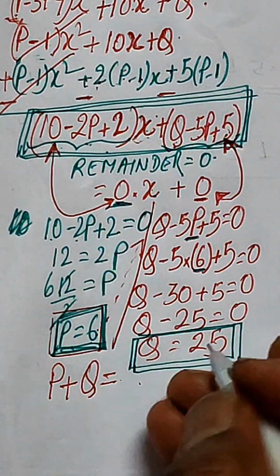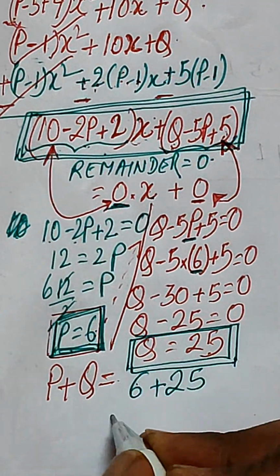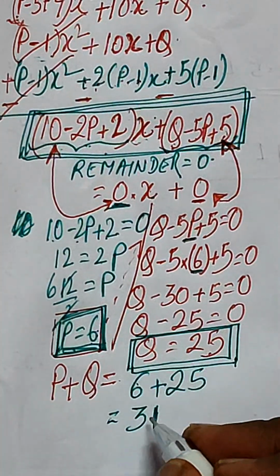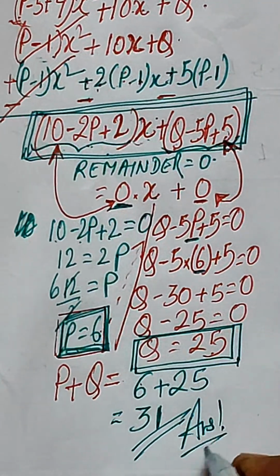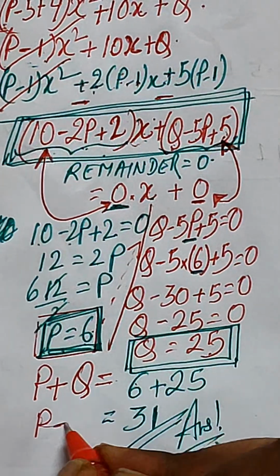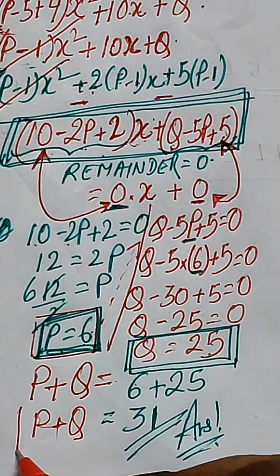So this will give you 6 plus 25, which when you add, is 31. So P plus Q is 31, and this is our answer, right? P plus Q is 31, which is our answer.